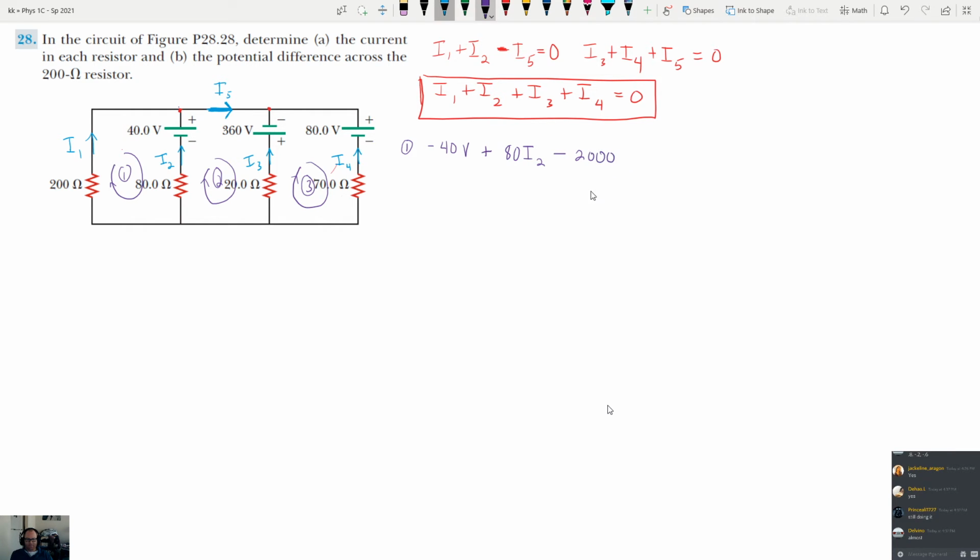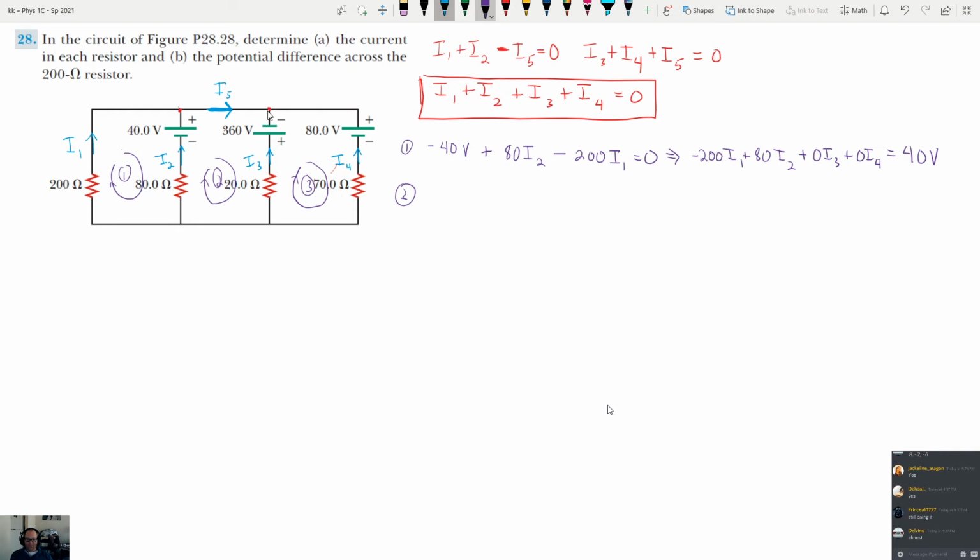And of course we can rearrange this if we want to, so that we get negative 200 I1 plus 80 I2 plus 0 I3 plus 0 I4 equals positive 40. Does that one look okay to everyone? Speak up if you see a problem.